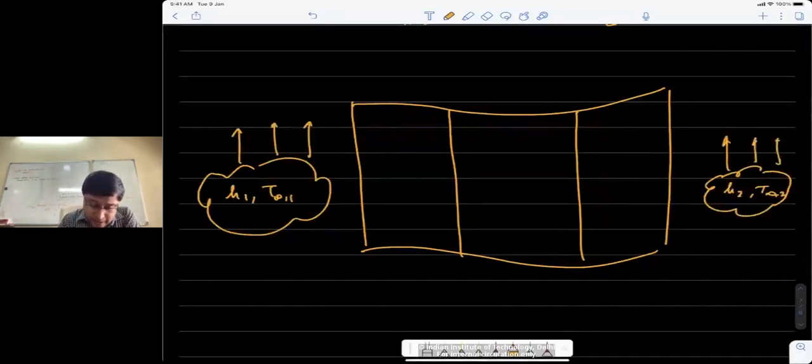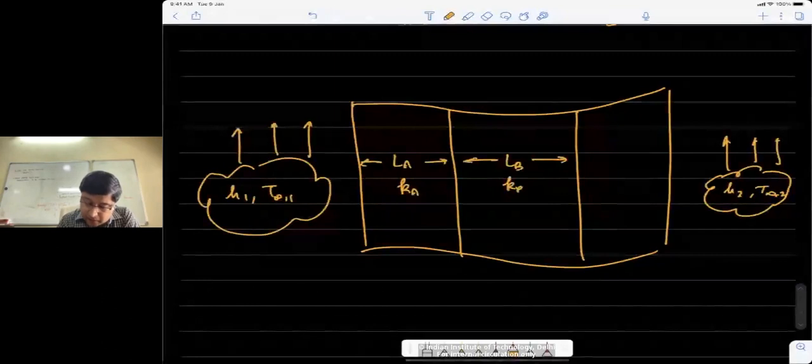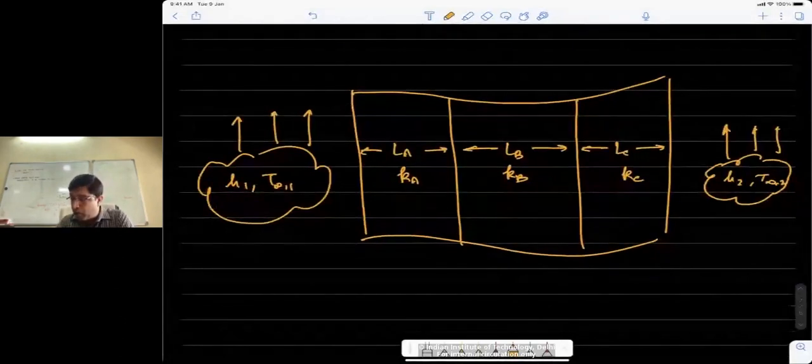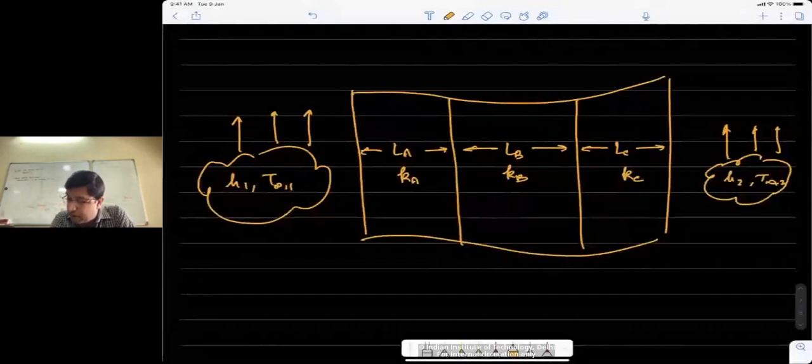Let's say the slabs have thickness La, thermal conductivity Ka, Lb, thermal conductivity Kb, and then Lc and thermal conductivity Kc. And I want you to figure out what would be the heat transfer rate at steady state.